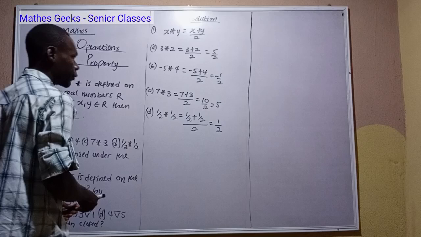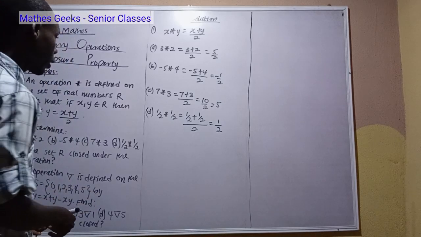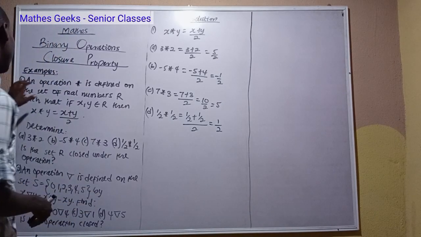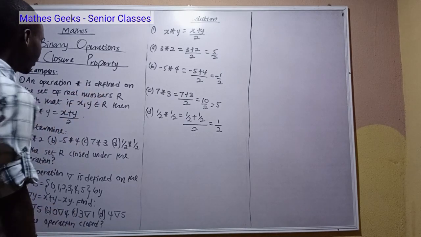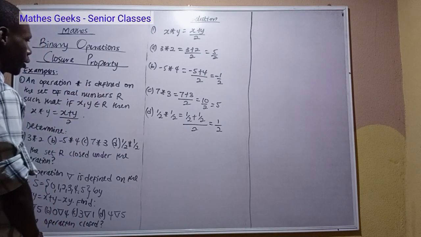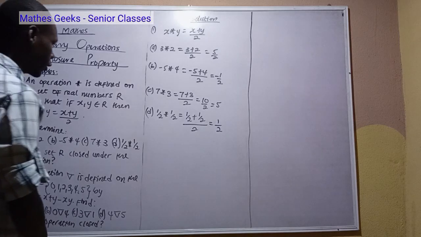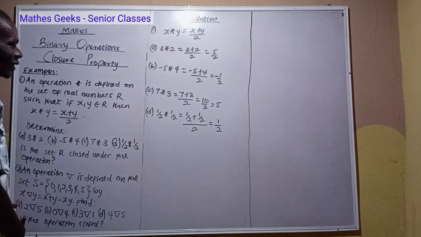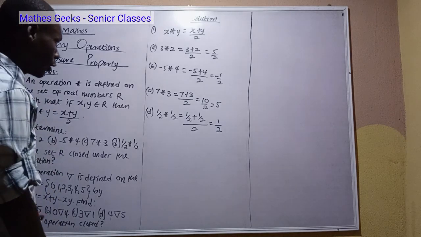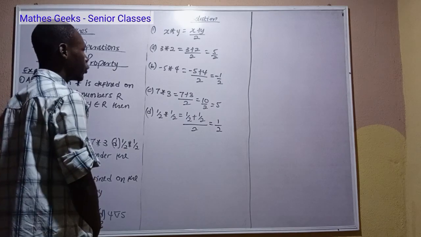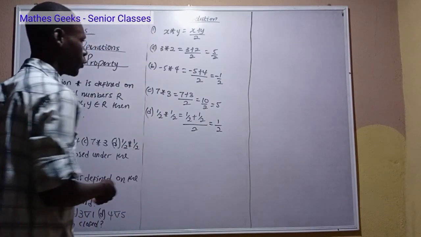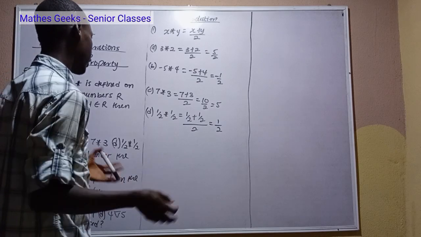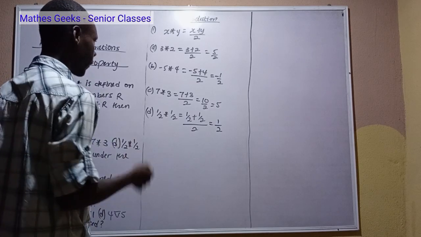Okay, that's our answer. Now, when we have an operation star defined on the set of real numbers, the set of real numbers is an infinite set in the sense that we cannot list out all the members of that set. But what we know about real numbers is that they involve positive numbers, negative numbers, fractions, and decimals.